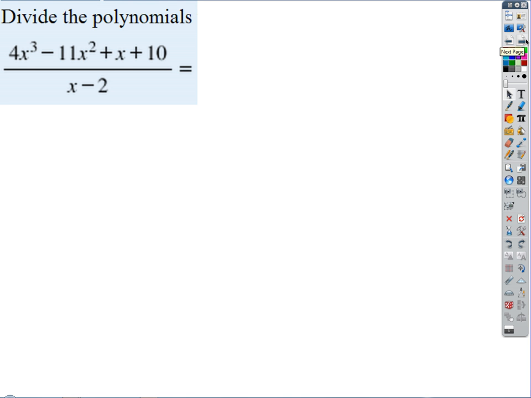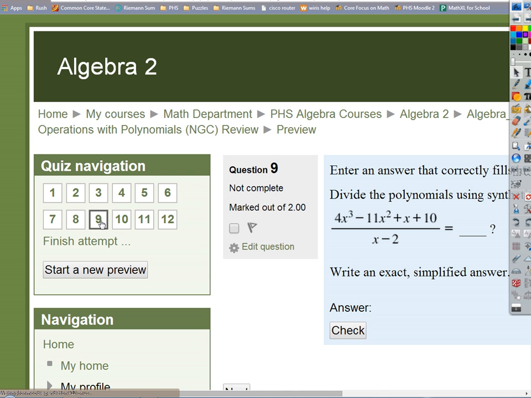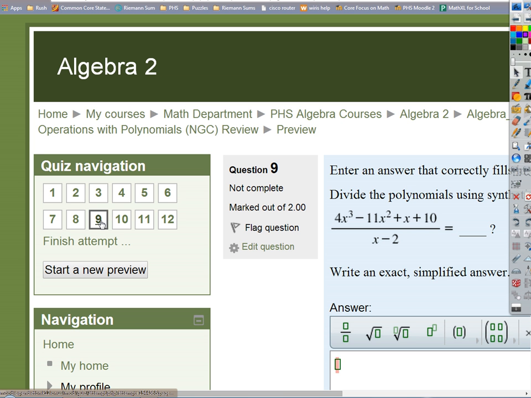I want to look at a quick example using, you know what, actually, let's do a little different one. I'm going to trade that one for that guy right there.